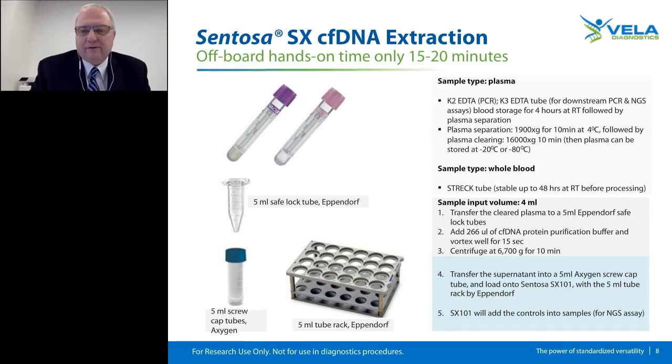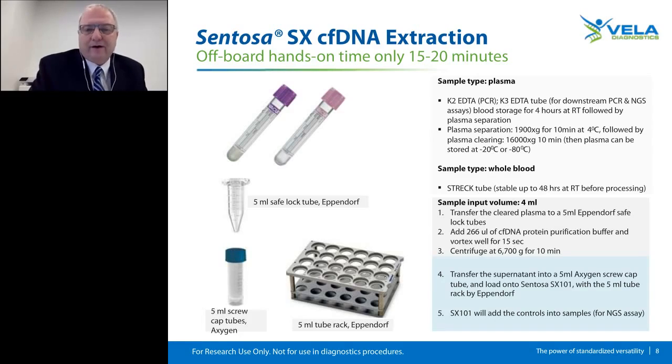So as many of you know, tubes have specific properties to them, which can interfere with certain types of detection or analysis. And so the K2 EDTA tube, while fine for PCR, did not work adequately for the next generation sequencing. Whereas the K3 EDTA tube worked fine for both PCR and next generation sequencing.